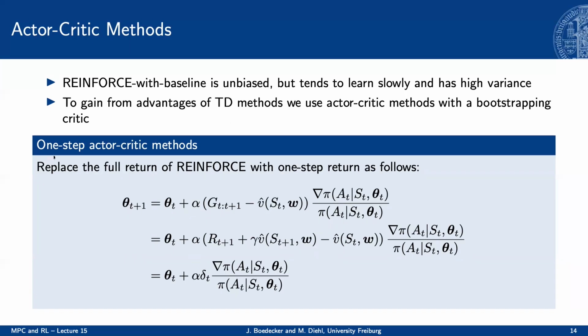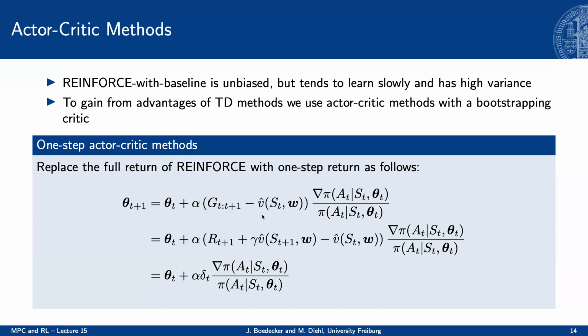That's the idea for this one-step actor-critic method. We don't use the full return anymore. Rather than having G running from t to the end of the episode, we now use a G that runs only from t to t plus 1, so just the one-step return. That's just the immediate reward, of course.